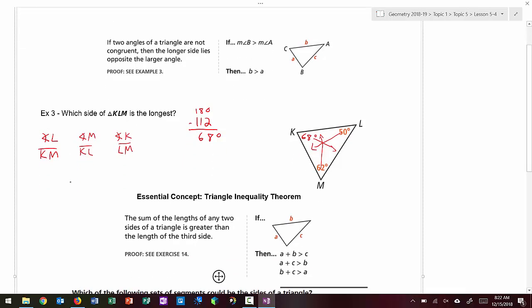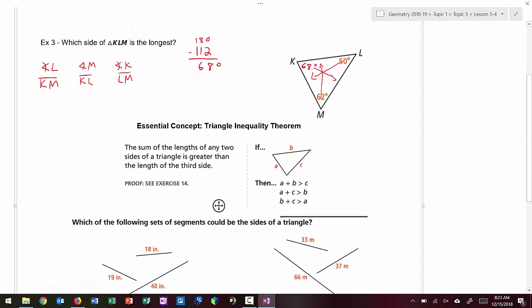If you look at this, notice that all three vertices of my triangle are used at each one. So the quick way to do it, even if you don't have a picture, is to use the angle labels and then use the other two vertices that have not been used yet. So if angle L was used, well, KM has to be across from it, and so on and so forth.